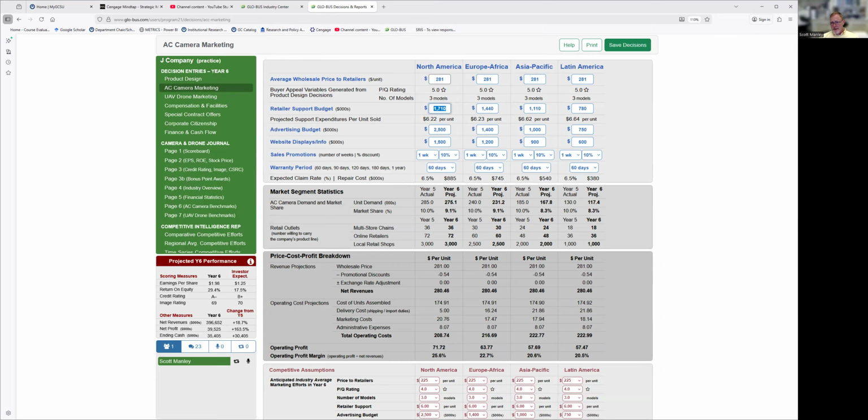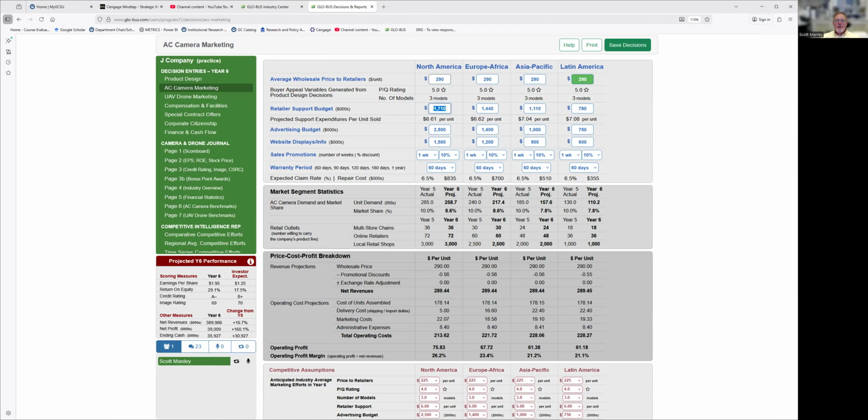Now that's just the expected price, right? What we're actually after is a premium. We want our customers to be willing to pay more than expected. So I'm just going to put a little small premium on that product. I'm going to take it to 290 instead of 281.